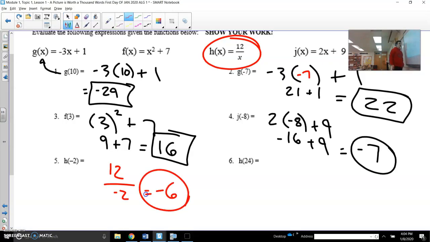So if you ever wonder how to do a fraction in a calculator, fractions are using division between the numerator and the denominator. Now, h of 24, 12 divided by 24, let's be careful. This is not 2. The order in which numbers are divided matters a lot.